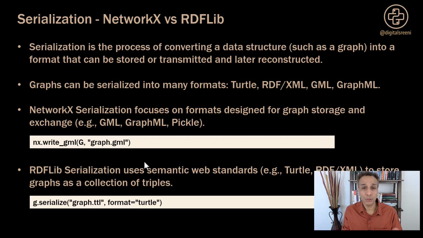Again, Turtle allows you to store them as these triplets. So it comes down to basically saying g.serialize and graph.ttl, whatever name you want to give. And of course, the format in this case is Turtle. And this allows you to just save it in that structure.